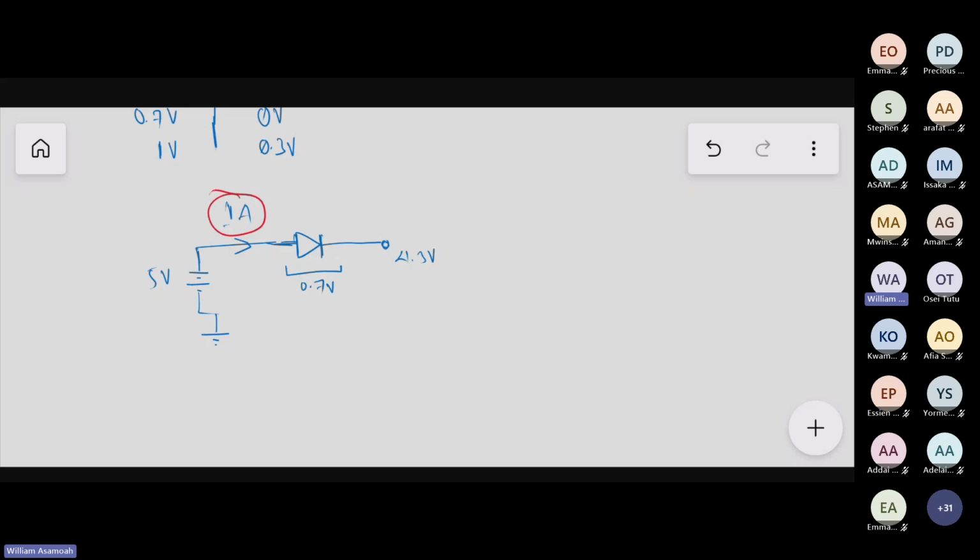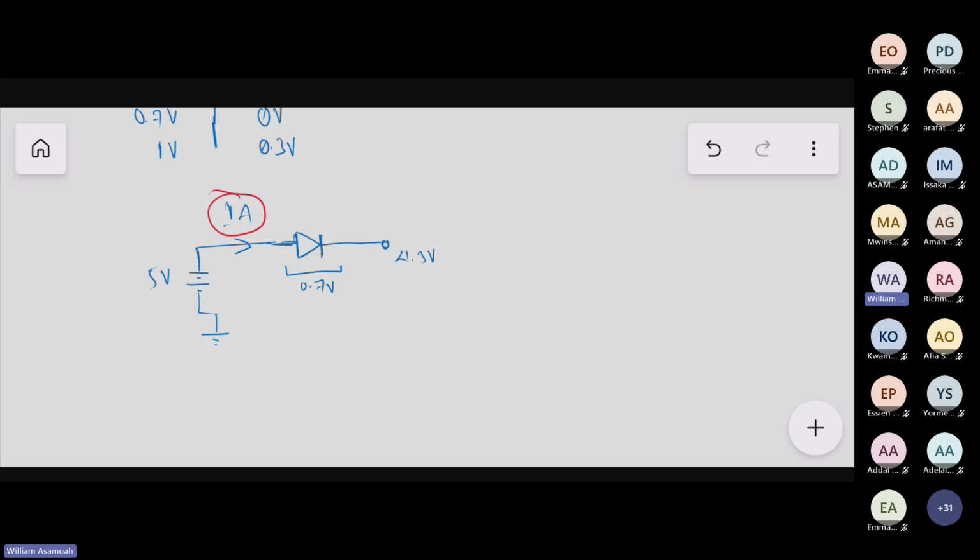Now, when you select your diode, another very, very important characteristic is the forward voltage or the knee voltage. The reason why we need to look out for it is that, say you're designing a system that will be working in a larger circuit, with certain components.